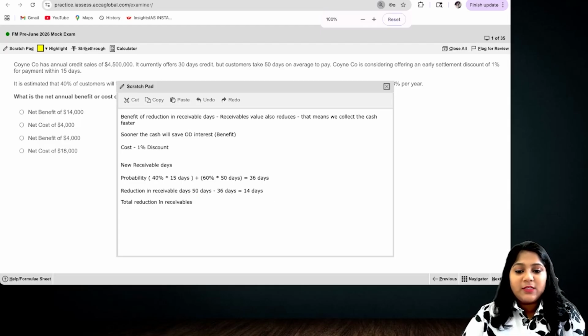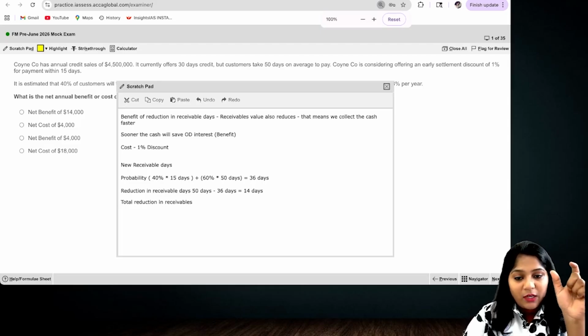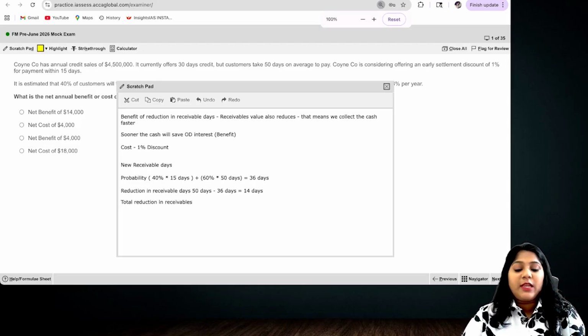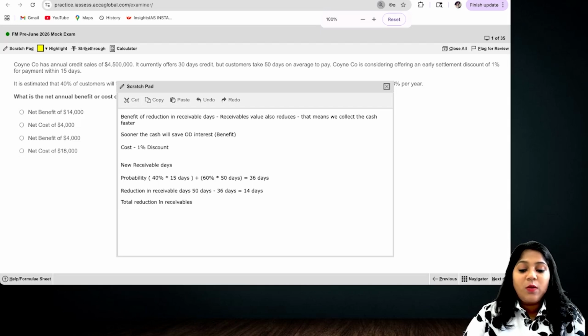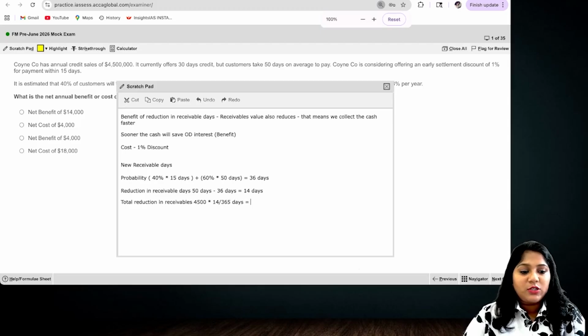So how do we calculate receivable collection period, guys? Receivable collection period is calculated by taking trade receivables divided by credit sales into 365. But if I need to find out the trade receivables, how much is it getting reduced? What should I do? I should take the 4.5 million multiplied with 14 divided by 365 days, and that shall give me the total reduction in receivables.